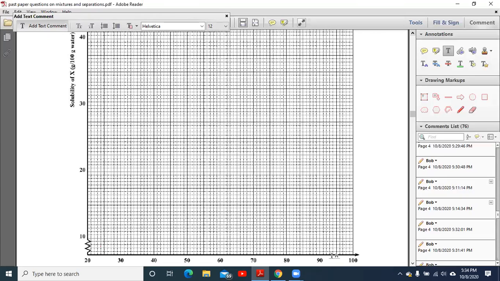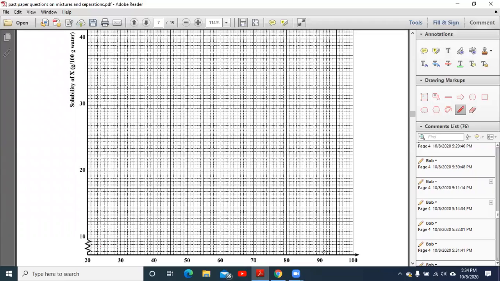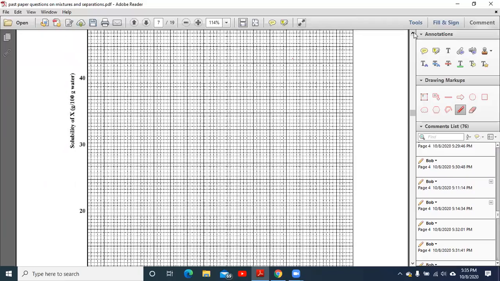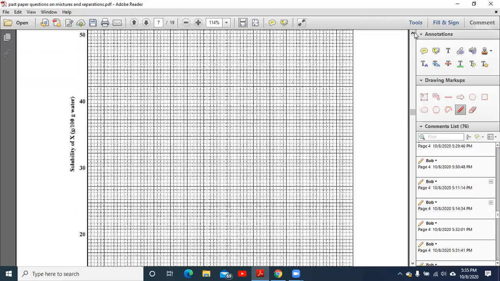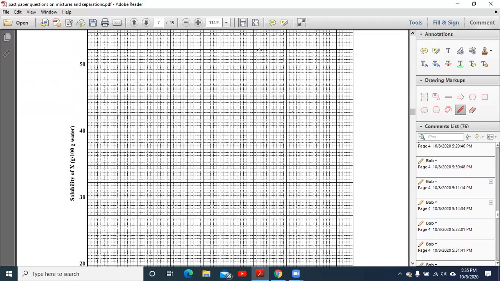So each division will be 1 degree Celsius. So 91 will be right here. We scroll up now to get our solubility point, which will be 50. So our point will be drawn right there.